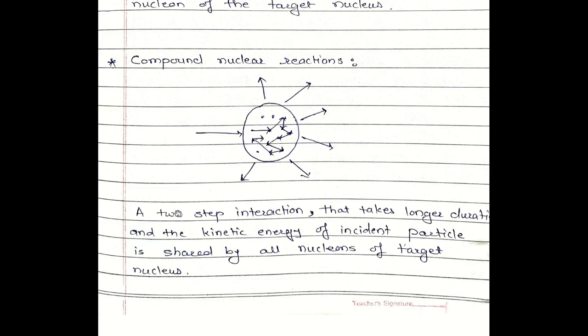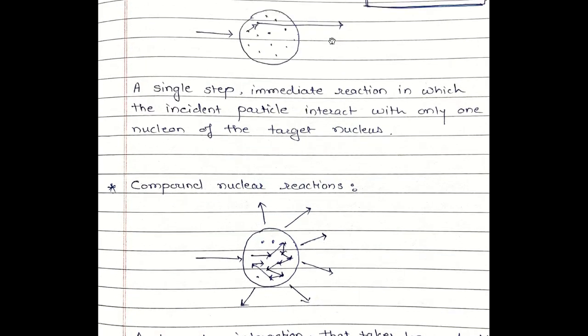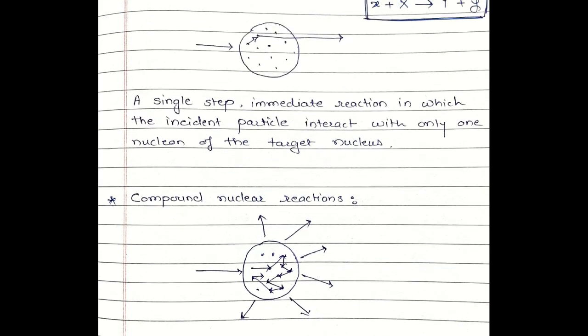Again, although it is a two-step interaction, the time duration of compound nuclear reaction is quite longer compared to the direct nuclear reaction. For direct nuclear reaction, the time duration is equal to the time taken by the nucleon to just cross over this nucleus, and is equal to 10 to the power minus 22 second.